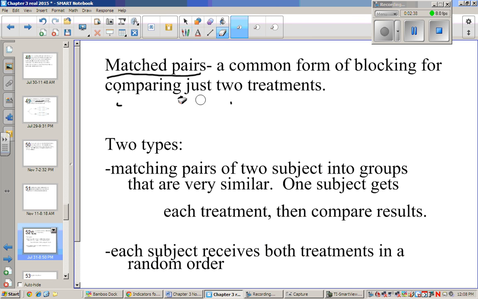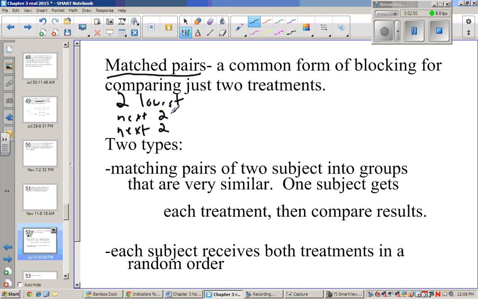So maybe I should change that to be the two lowest amounts of push-ups, and then there's the next two, and then the next two, and he keeps on going, and he would create blocks, but there'd be many blocks of just two people. Once he creates all those blocks, one person will get the control, and he has to randomize it, and one person will get the treatment. And then he can compare his results.